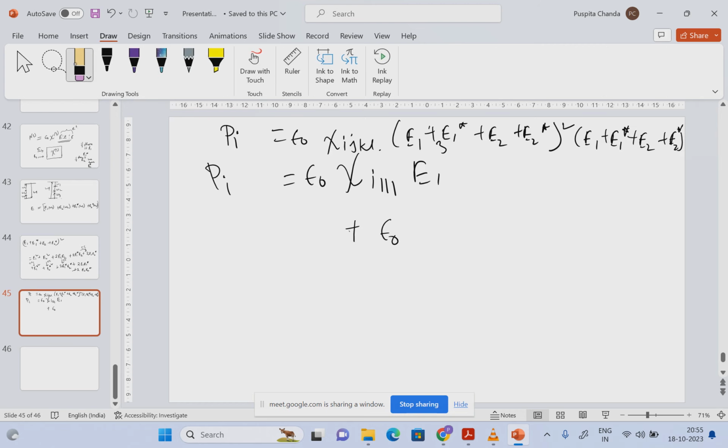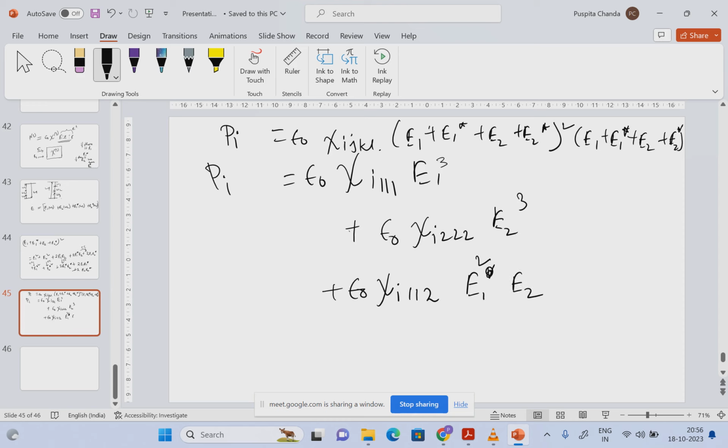So we'll get chi 222 E2 cube, epsilon naught chi i112, that will be E1 squared into E2. It can be written as epsilon naught chi 112 E1 E2.